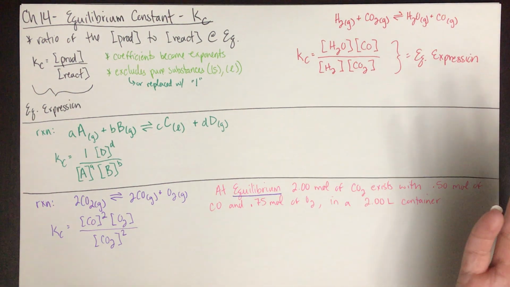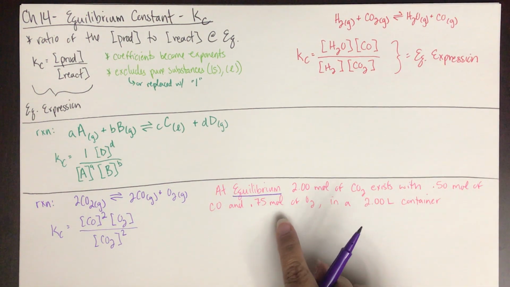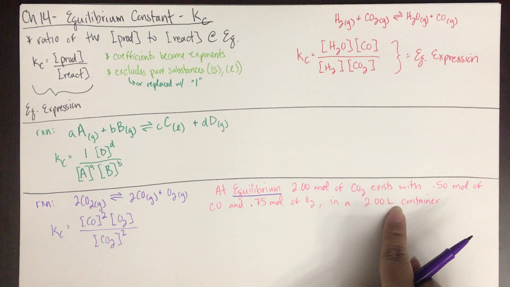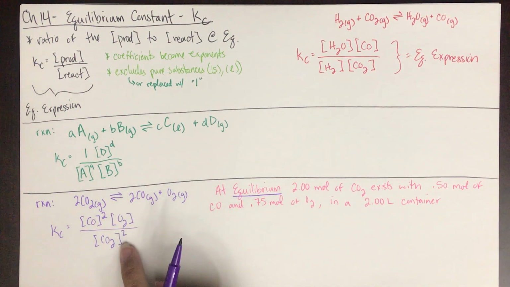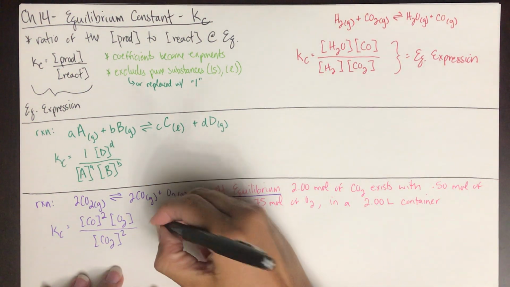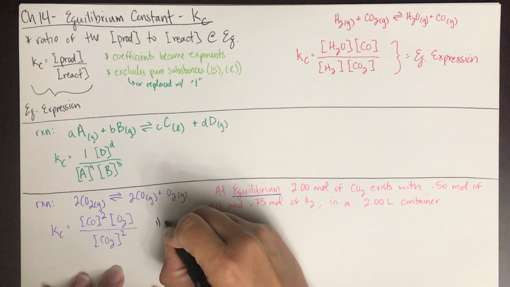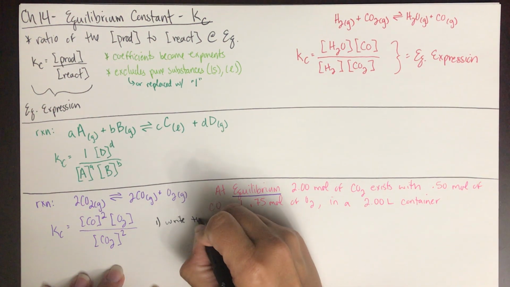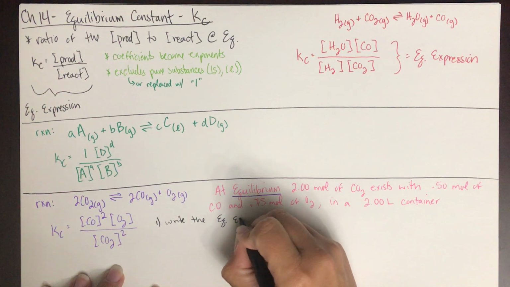So what we're given in this problem is a number of moles and a volume. Remember, these are concentrations in molarity, because that square bracket indicates we're talking about molarities. So I'm just going to write out what we would do in steps. Step 1, we would write the equilibrium expression.